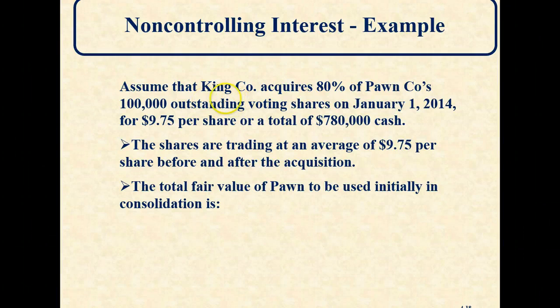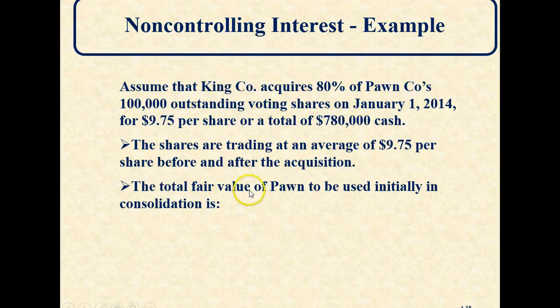So they're buying 80,000 shares at $9.75 a share. Their consideration for that 80% is $780,000. Now the shares are trading at $9.75. So we're not really buying this for a premium. We're just buying it for the going rate of the share price.